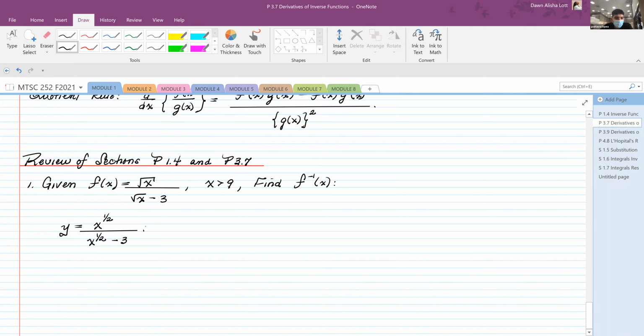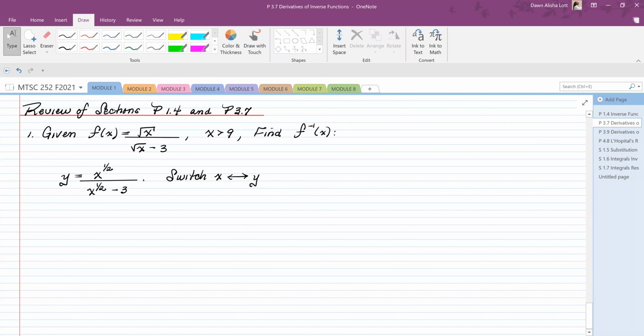Switch the x and the y. So when we switch x and y, we now get x is equal to y to the 1/2 power divided by y to the 1/2 power minus 3. Okay, so what's the next step?